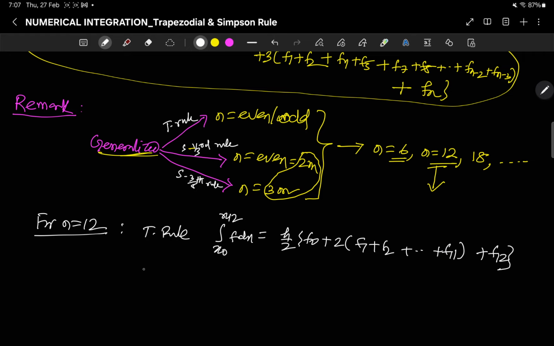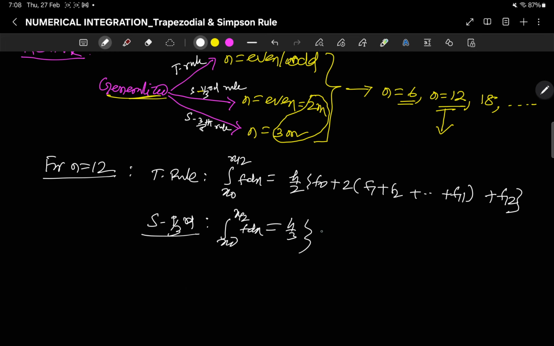Okay, then Simpson's 1/3 rule will be x0 to x12 f dx equals h by 3 times f0 plus 2 times f2 plus f4 plus f6 plus f8 plus f10, plus 4 times f1, f3, f5, f7, f9, f11.